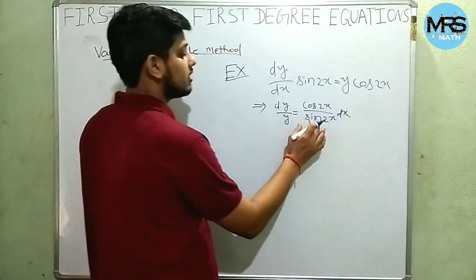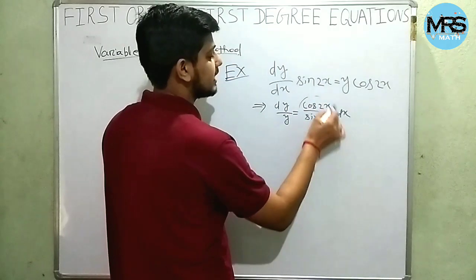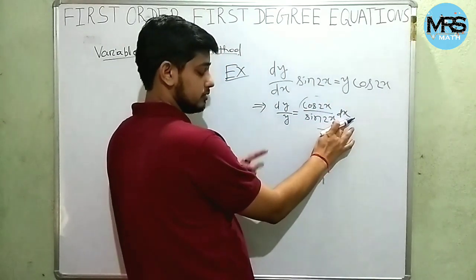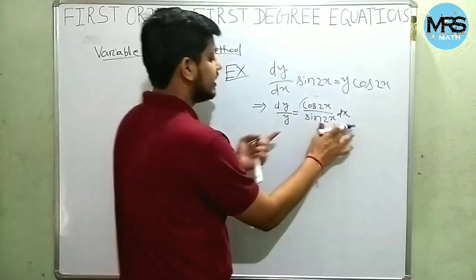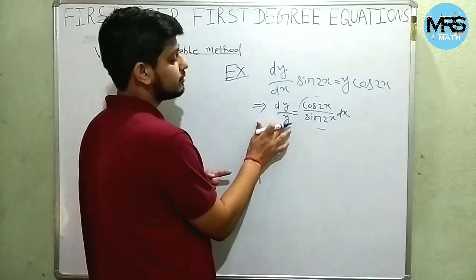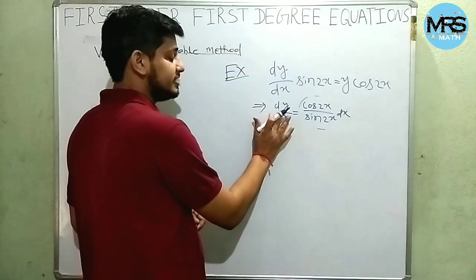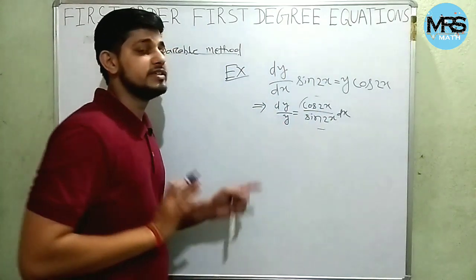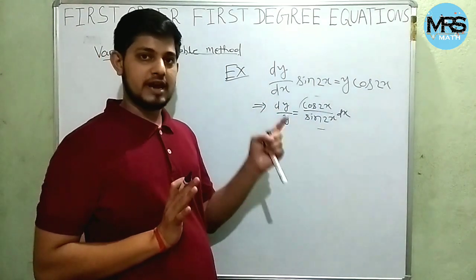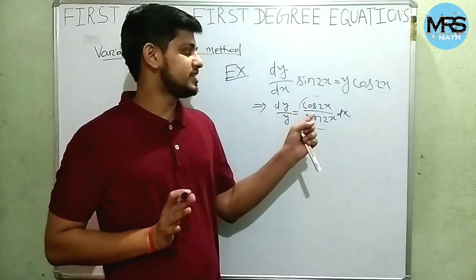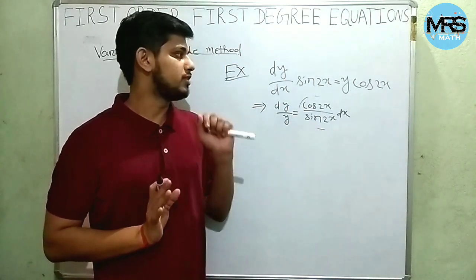This is completely the x term along with dx on one side, and the y term along with dy on the other side, and dy and dx are in the numerator. So our first step is successfully completed.